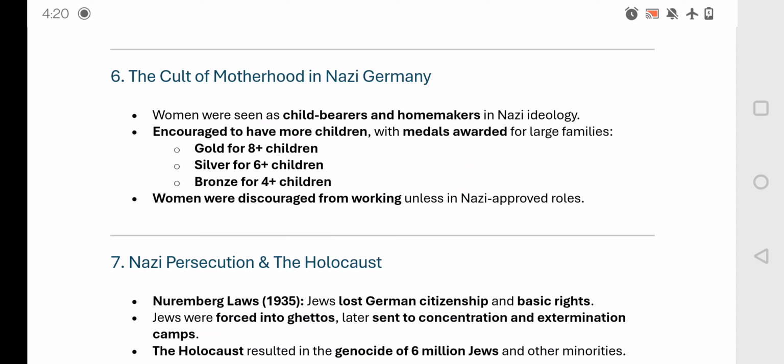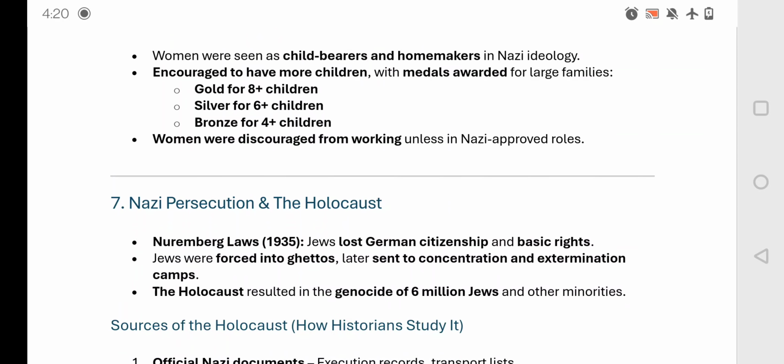If they had more than 8 children, they got gold. More than 6 children, silver. And more than 4 children, a bronze medal. And they were discouraged from working unless in Nazi approved roles. So they were not having any other work than motherhood and homemaking.